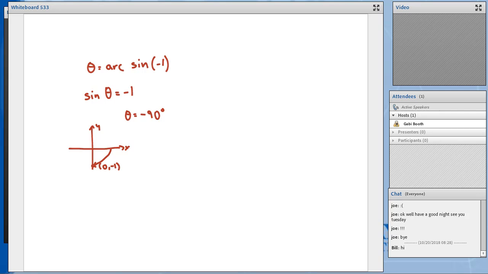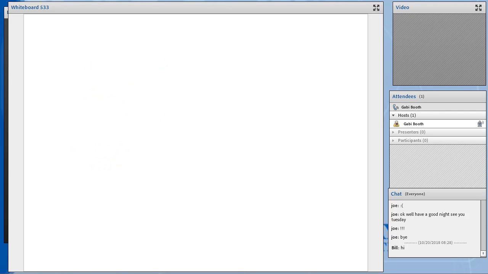And then you have some problems, for example, let me change the page here, where you are asked to give the exact real number value of the following expression without using the calculator.